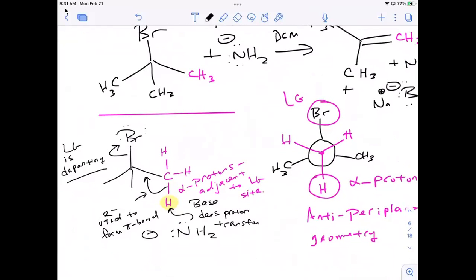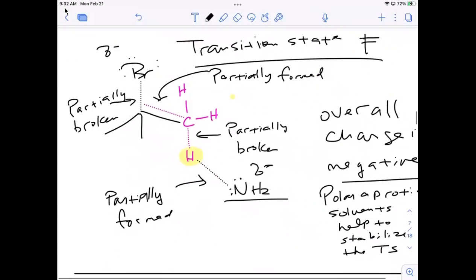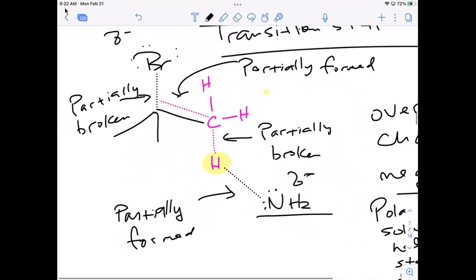So that's why E2 means it's bimolecular. It's the base and the substrate participating in that transition state. I think I have it drawn right here. In the transition state, the base has a partially formed bond between itself and the alpha proton.